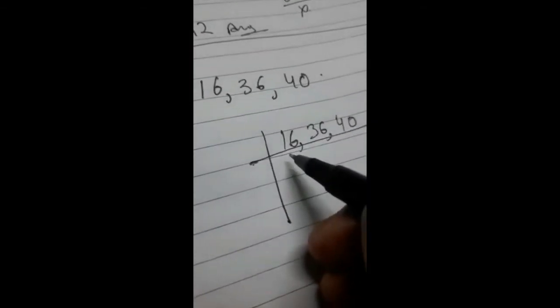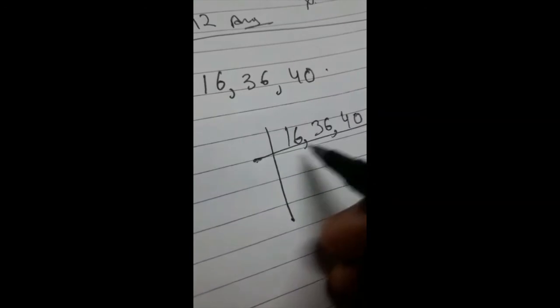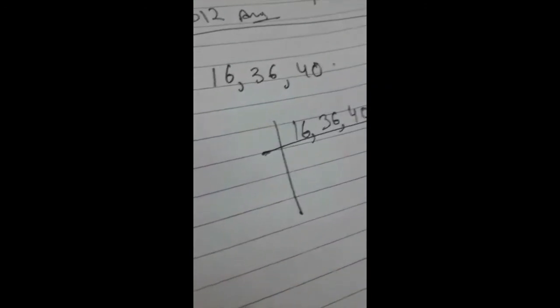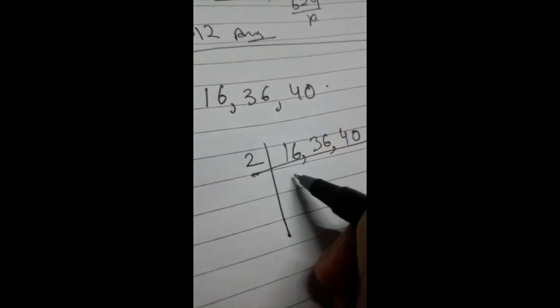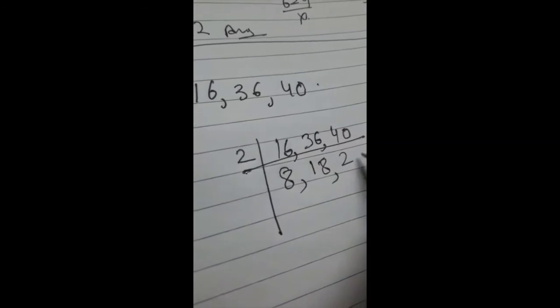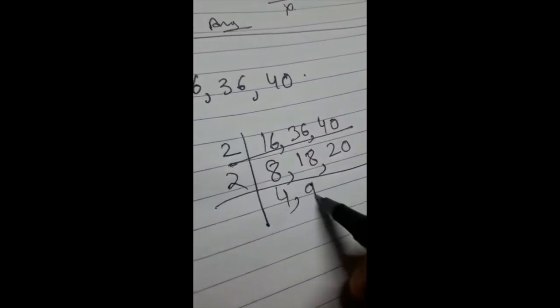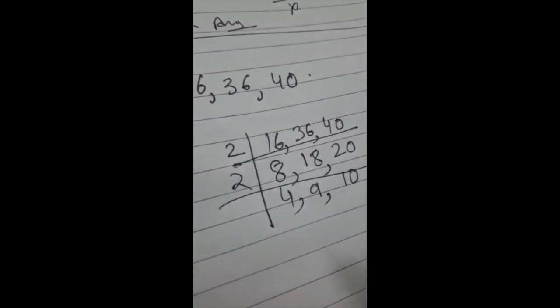Now we find here 16, 36 and 40. These are divisible by 2. So we divide here by 2. 2 8s are 16, 2 18s are 36, 2 20s are 40. Again 2, 2 4s are 8, 2 9s are 18, 2 10s are 20.